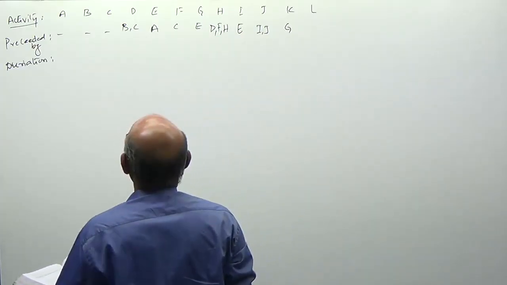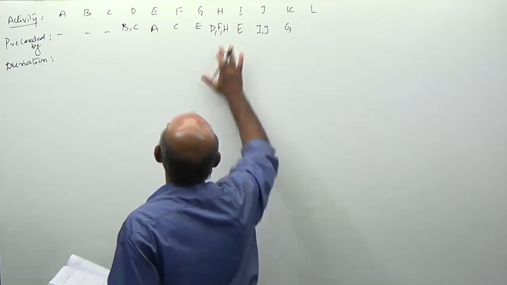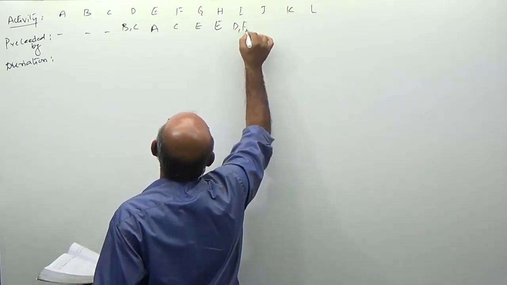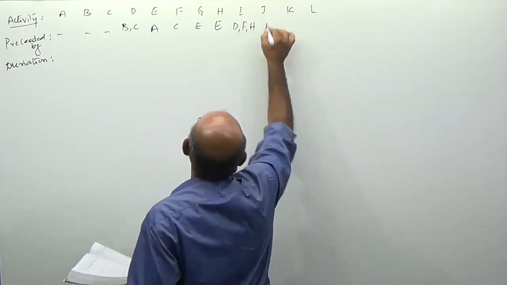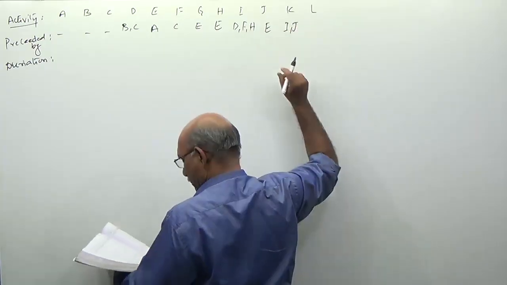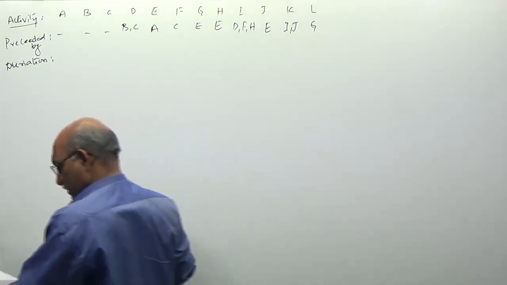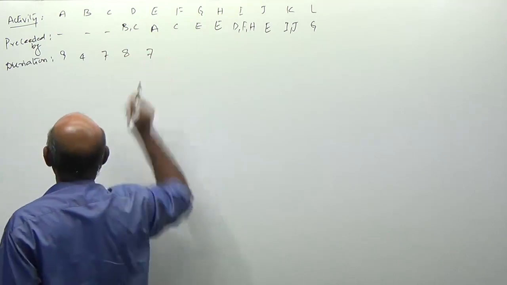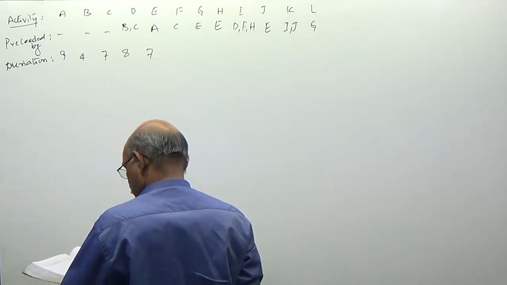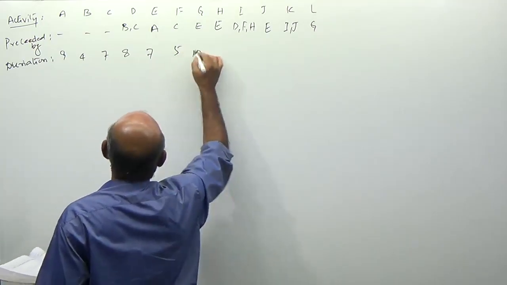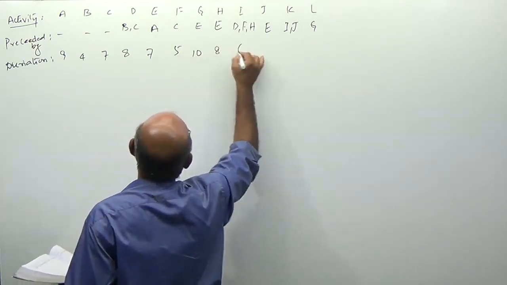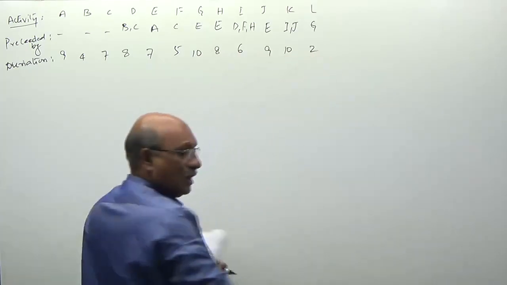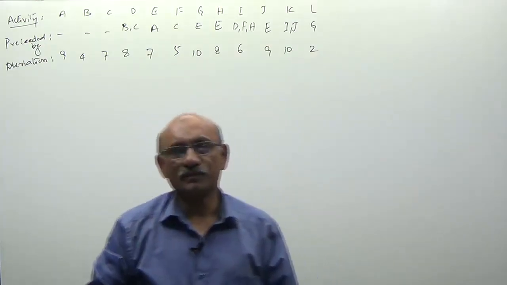For D: B, C; E: A, C, E; H also E; D, F, H, E, I, J and G. Duration: 9, 4, 7, 8, 7, 5, 10, 8, 6, 9, 10, 2. Okay, sir, this is my problem.